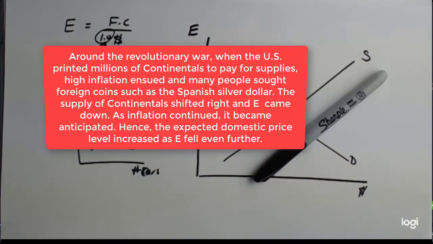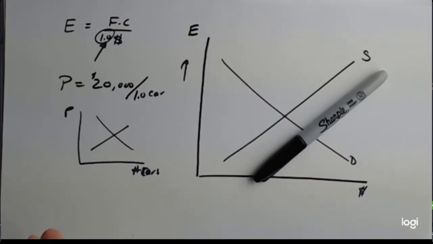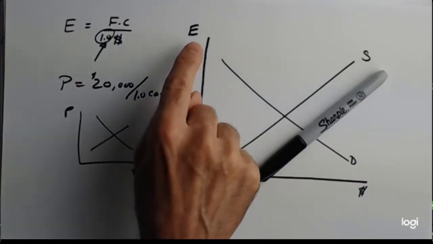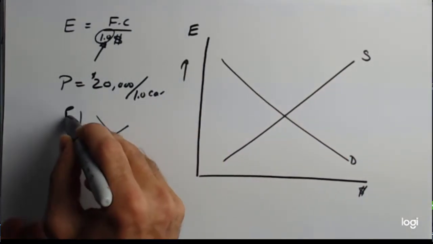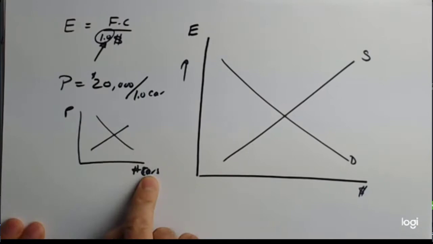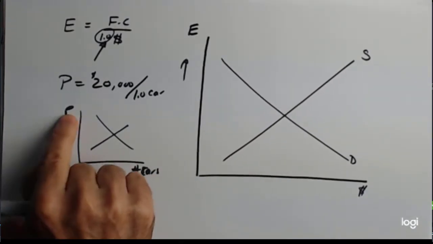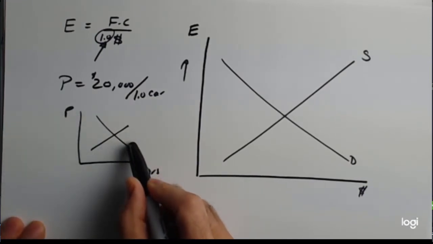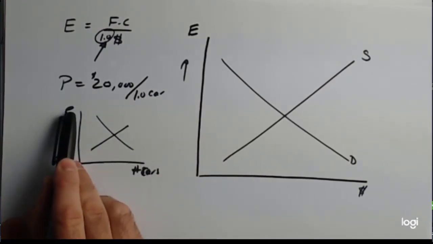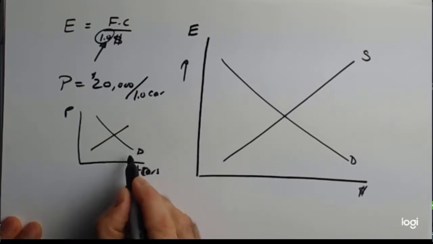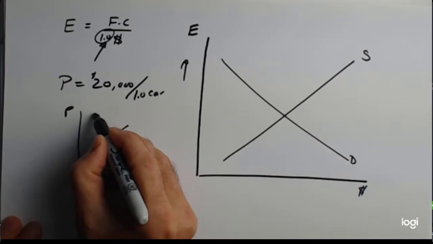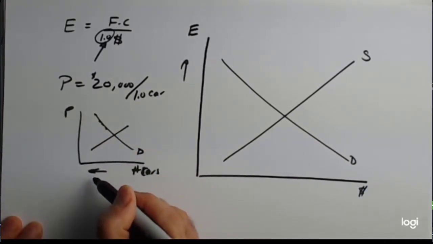Now let's back up one second and ask ourselves, wait a second, what's a shift versus a movement along one of these curves? Well, remember from basic economics where we have prices and the quantity of cars here. If the price changes only, you move along the supply or demand curve. So when prices rise, all else being equal, demand will shrink off to the left and will move up this demand curve here, meaning quantity of cars demanded will be less.